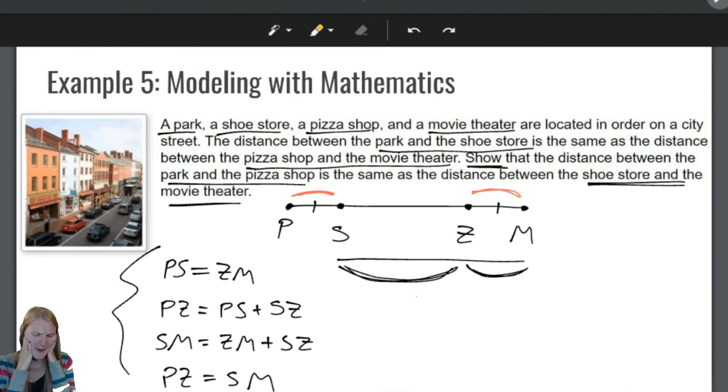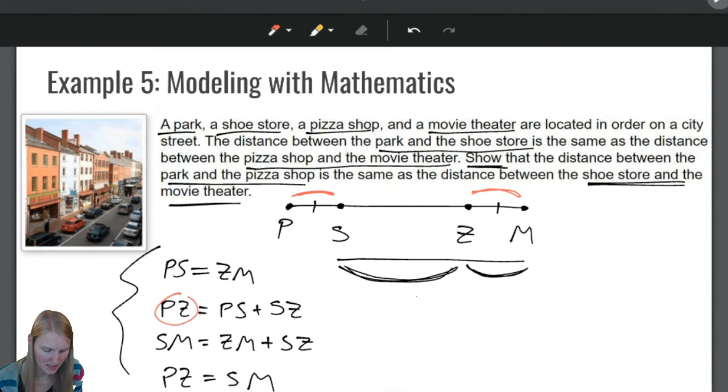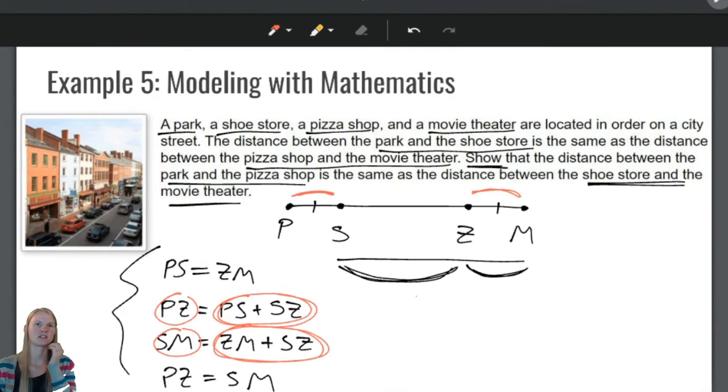So, what I want to do in the end is show that PZ is the same as SM. So, if I can show that this is the same as this, that's the same thing as showing that PZ is equal to SM.